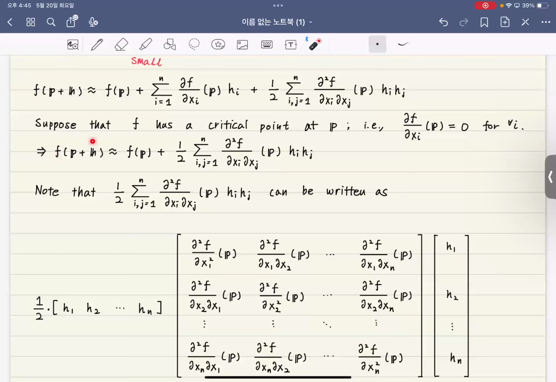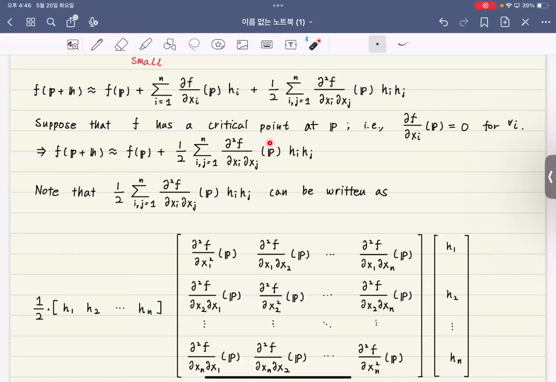Therefore, f of P plus H is always greater than f of P. If the Hessian is positive definite, then that means f of P is a local minimum, right?